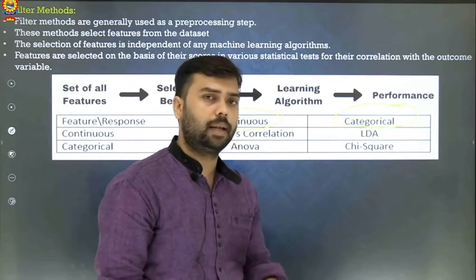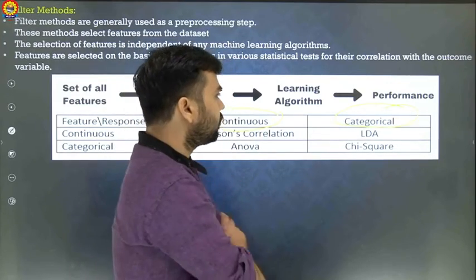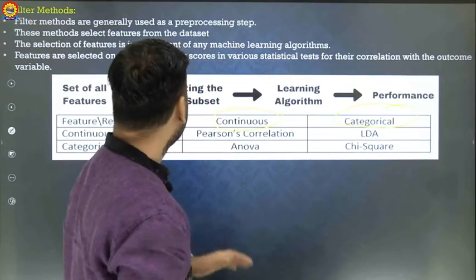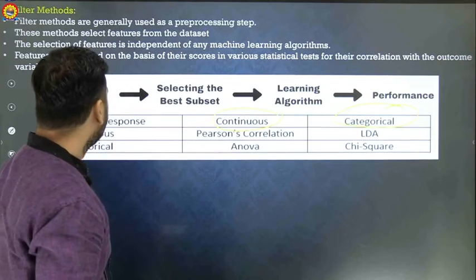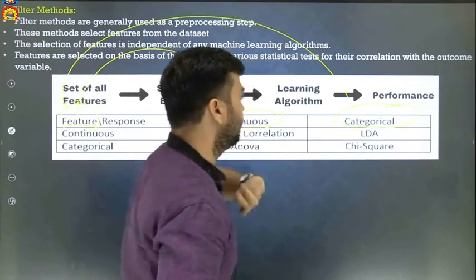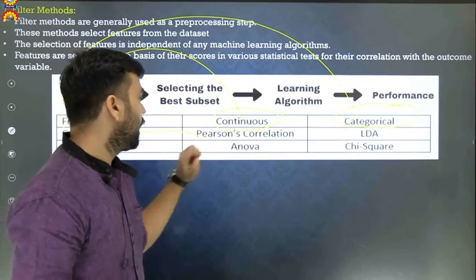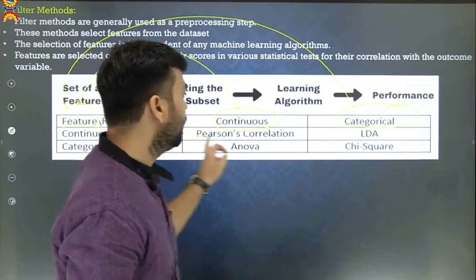A categorical value is a labeled value, a value which is fixed. So the features can be continuous or categorical, and the response can be continuous or categorical.